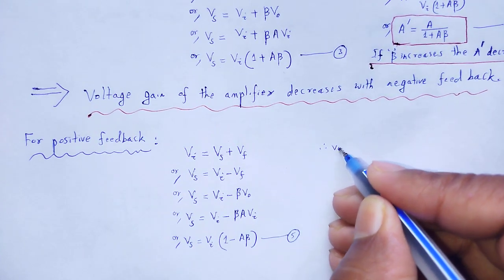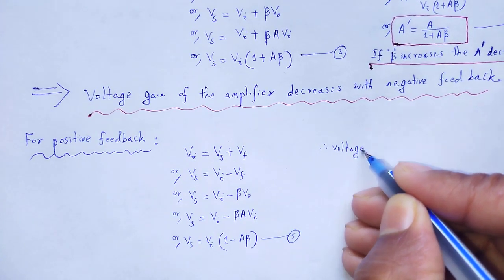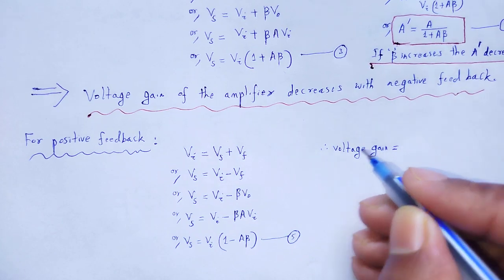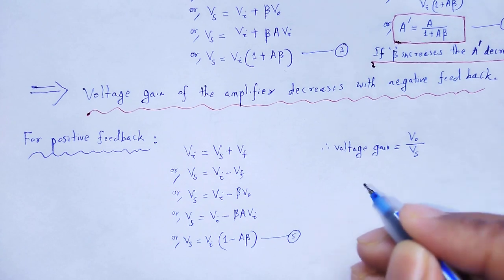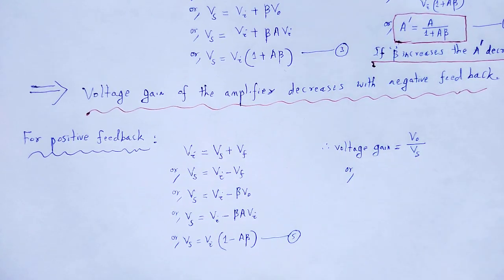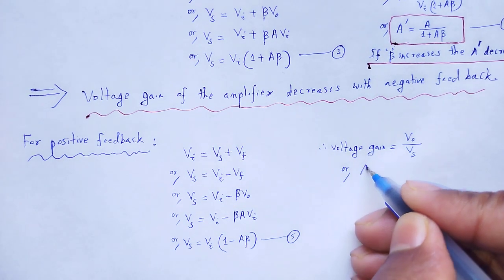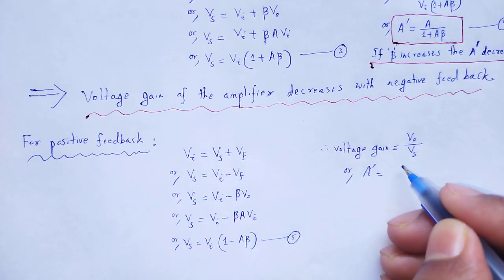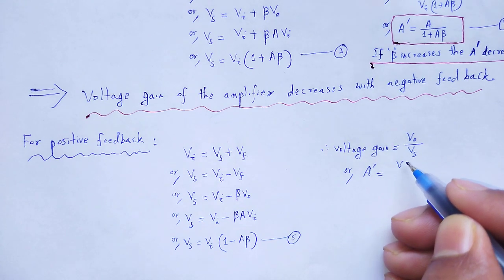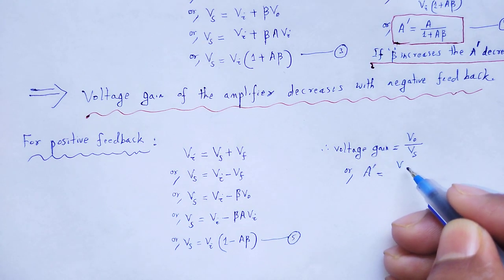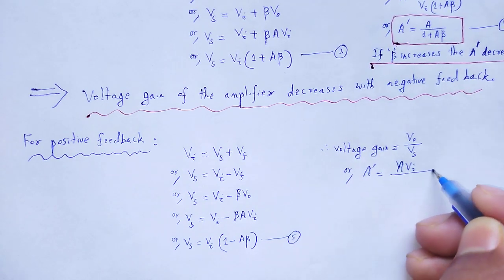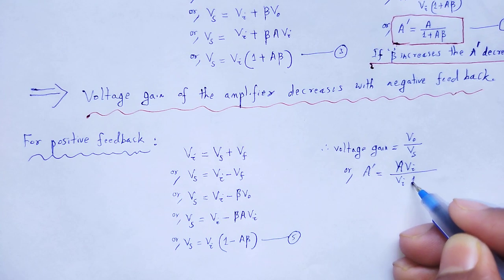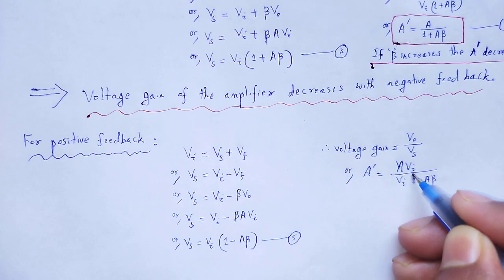Therefore, the voltage gain in case of positive feedback, output voltage to input voltage, let the voltage gain A dash be Vo over Vs, is equal to A times Vi divided by Vi times 1 minus A beta.